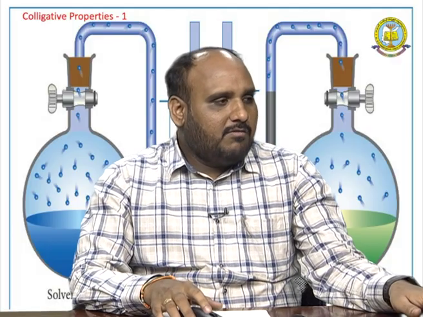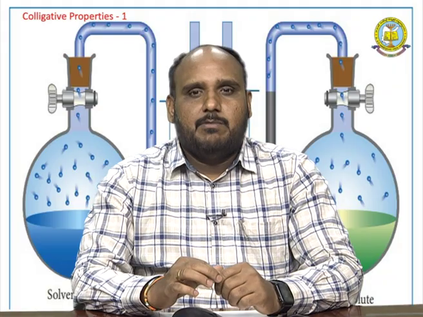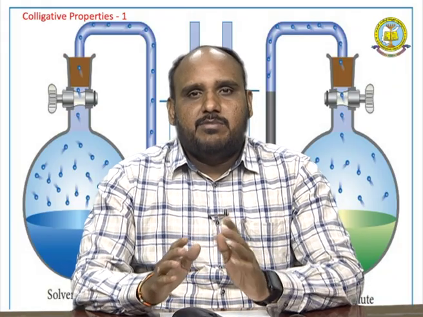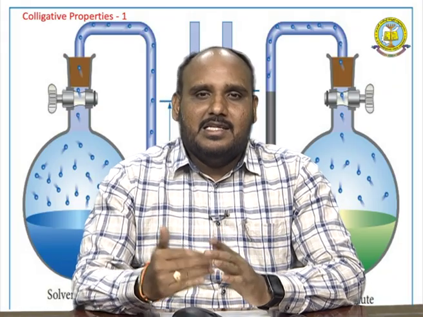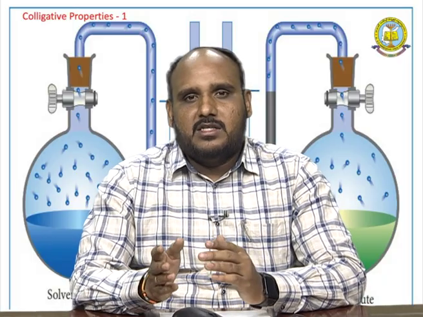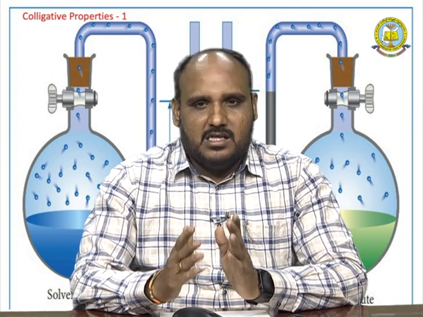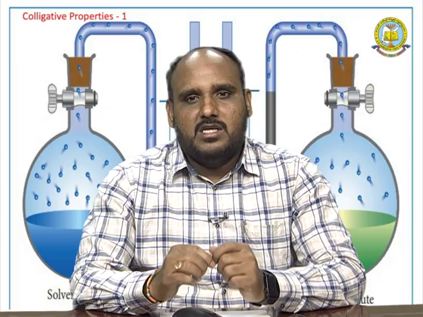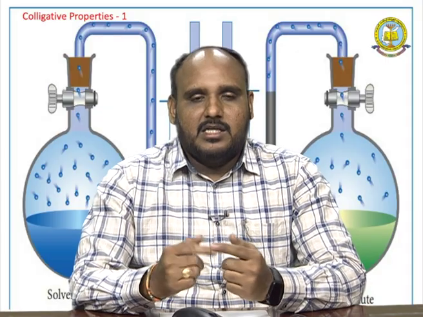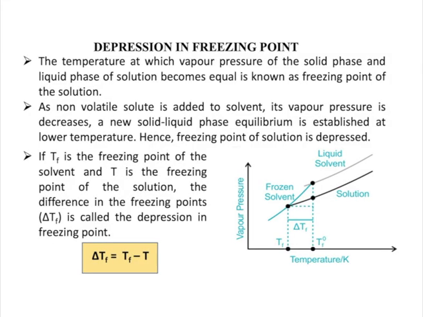So, one of the colligative properties is the depression in freezing point, that is, how the freezing point of the solution decreases compared to the pure solvent. Here also, the molar mass of the solute can be determined by applying the colligative property concept.